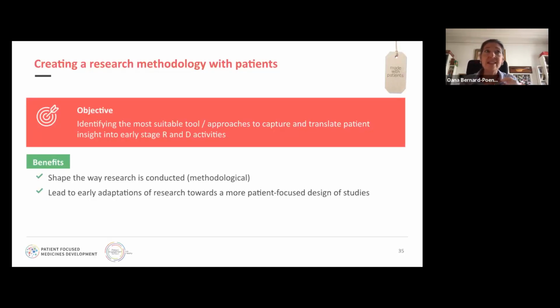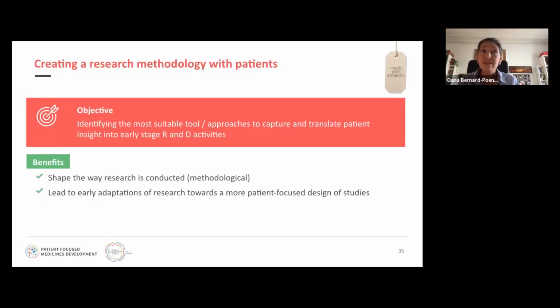The benefit is that implementing this dialogue early will shape the way the research is conducted in terms of methodology, so it helps the researcher choose their scientific questions as well as the technical methods they are going to use to address those questions which matter to patients.